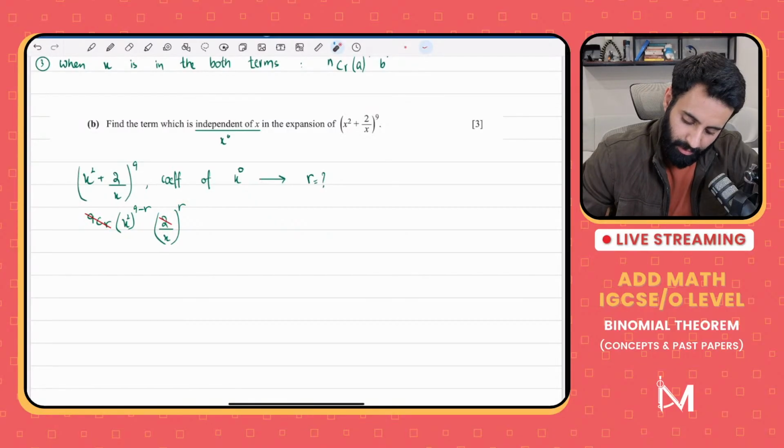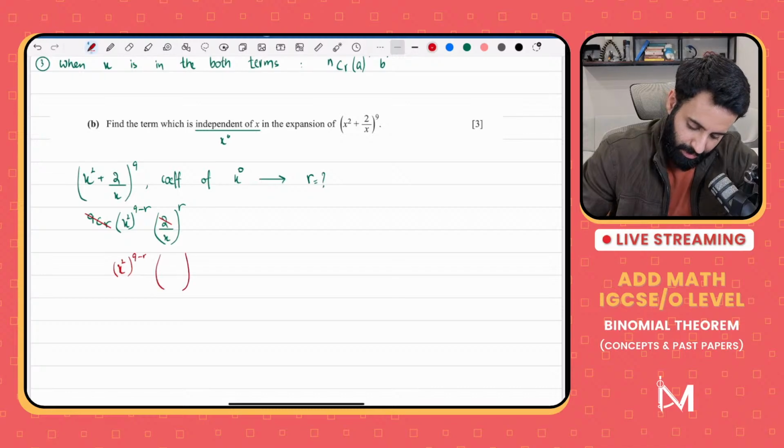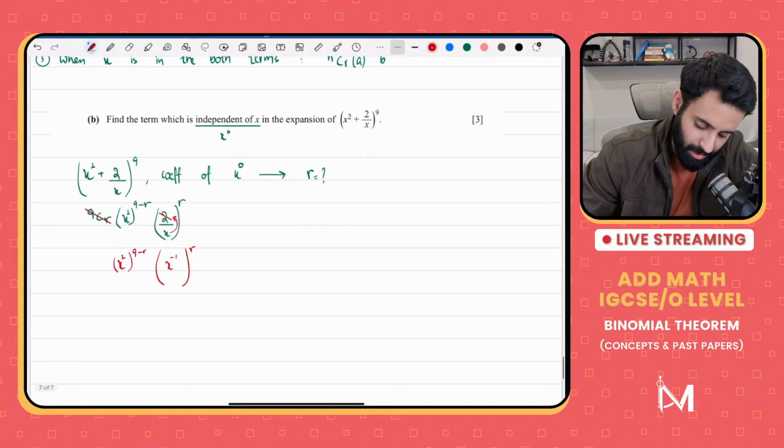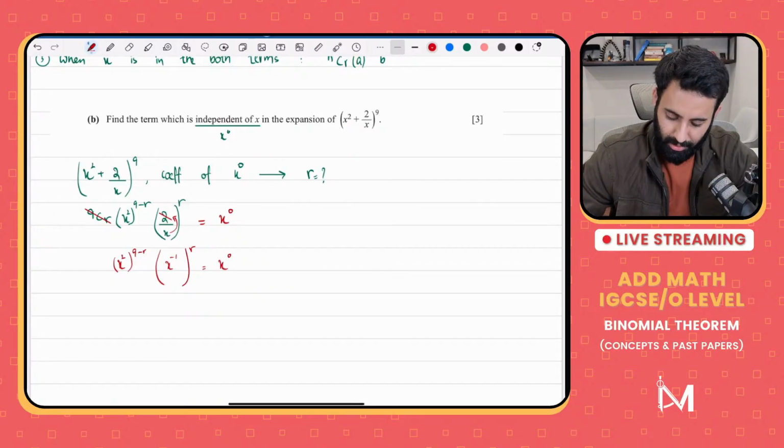So we're only focused on x square raised to the power 9 minus r, and this I'm going to bring in the numerator using the rule of indices. So the power on x becomes negative and the power r remains as it is. And remember, we want x power 0.